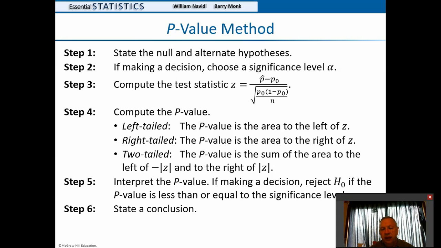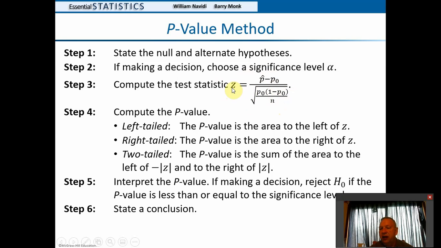Our test statistic value is p hat, that's from our sample, minus p0, the value from the null hypothesis that we're using, and then divide that by p0 times 1 minus p0, divided by n, and take the square root of that computation. So do this first, and then take the square root.